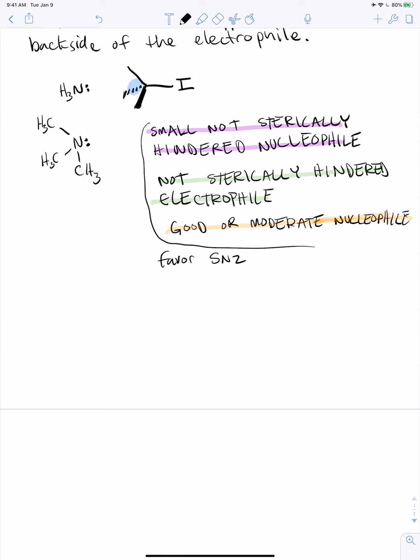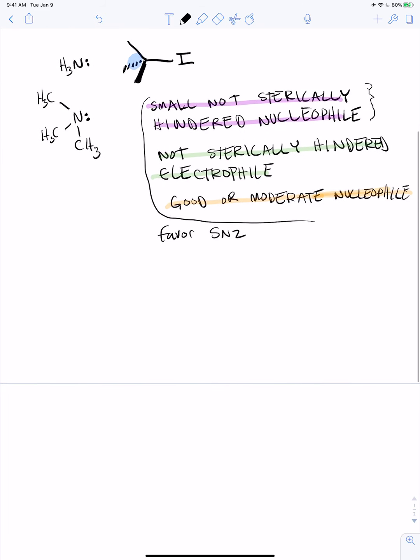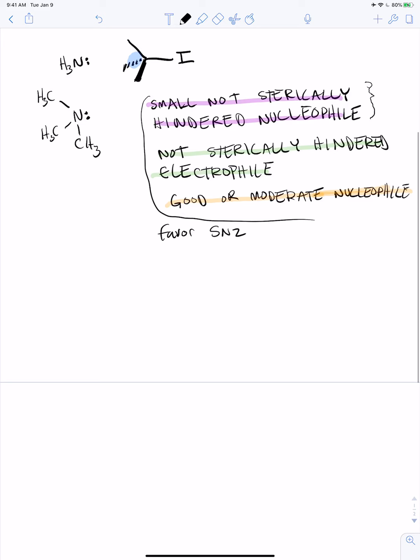And if we want to put that into some order, for nucleophiles, it's a little bit harder to do. You just kind of have to make the judgment call on how small or not sterically hindered the nucleophile is. And I'll talk about some examples where they are very sterically hindered. But in terms of the electrophile, we know that a primary is going to be better than a secondary. It's going to be better than a tertiary.